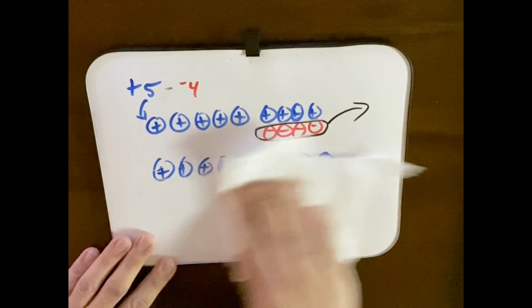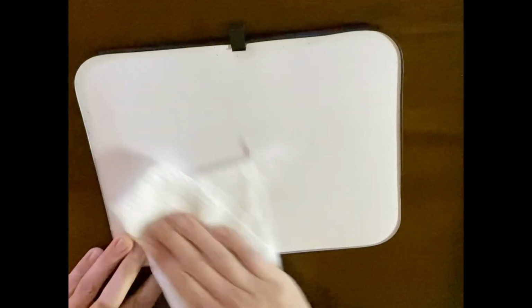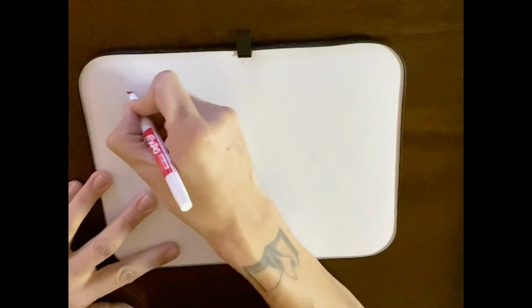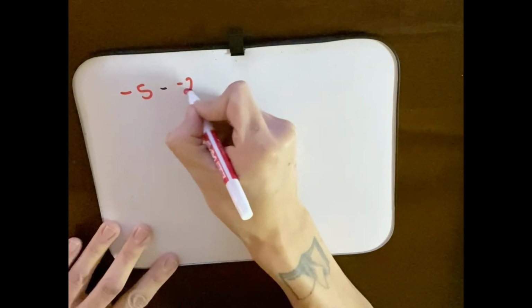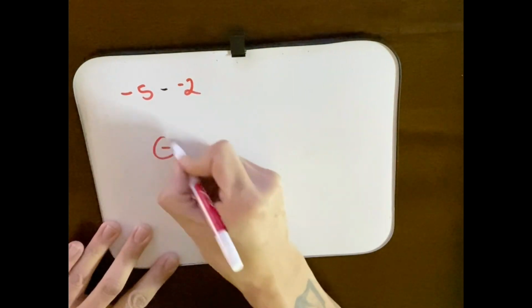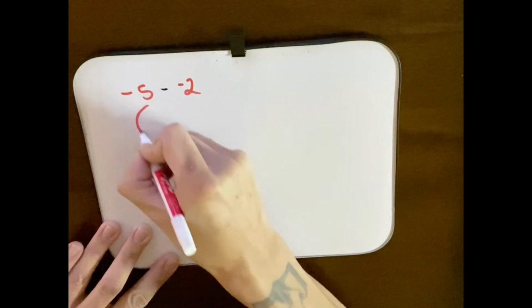If they are the same integer, like again at the beginning where I showed you +10 take away +2, then it's very, very simple, all right? Again, -5 subtract -2, all right? So we have our 5 negatives. This is the first number.